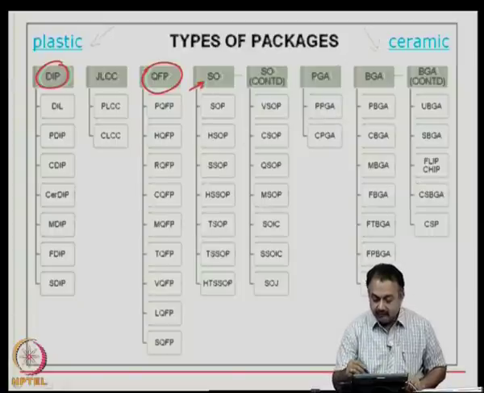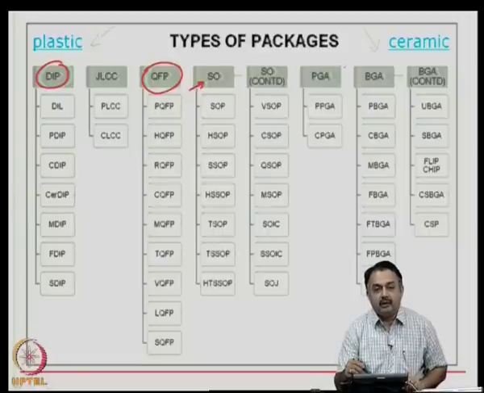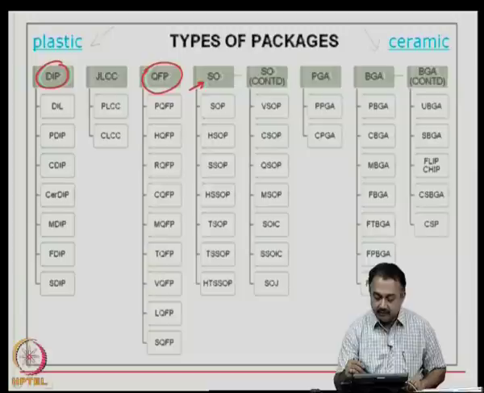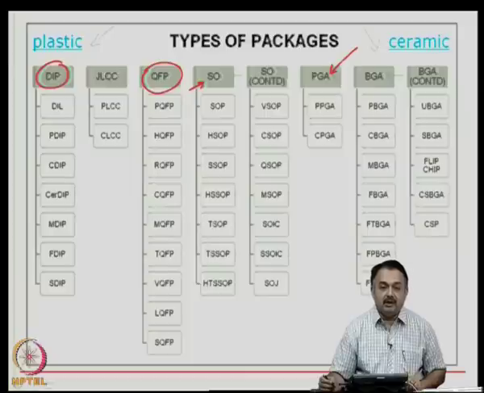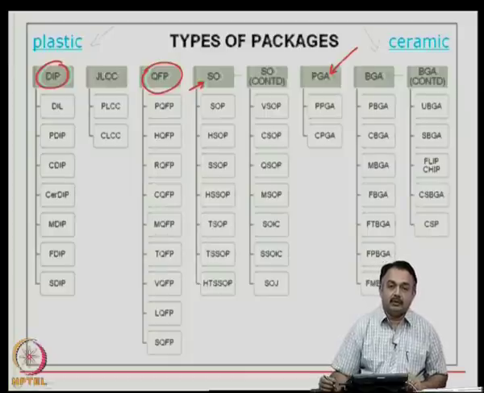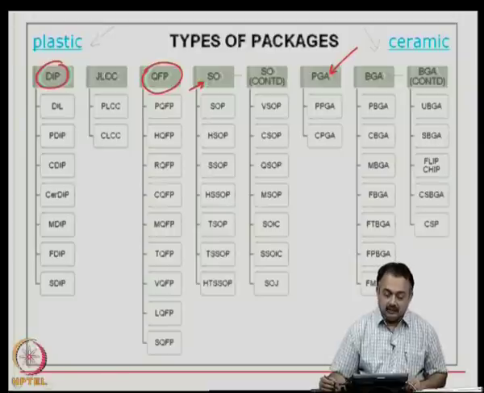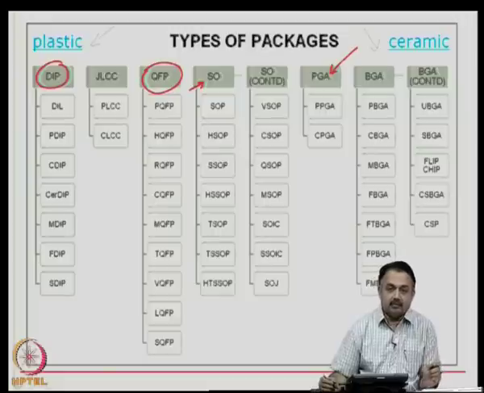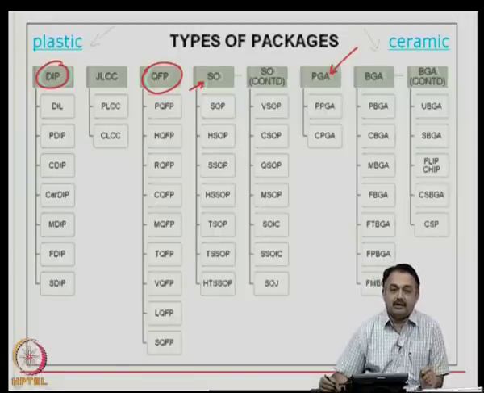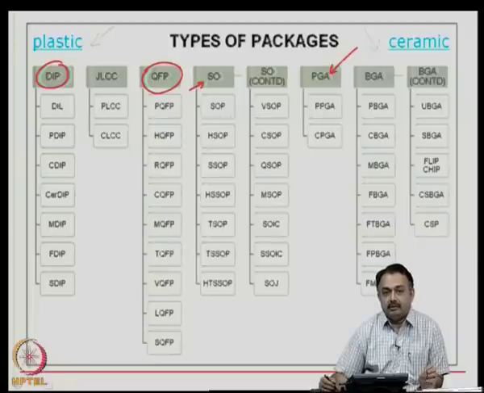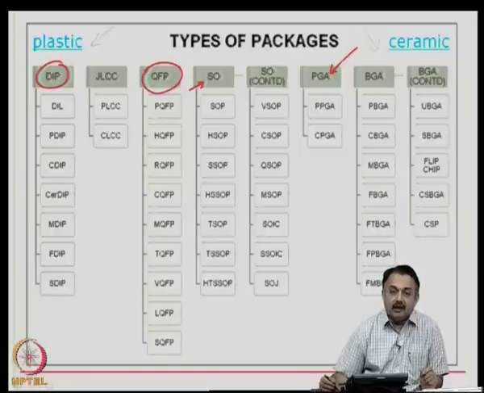Then we have, if you recollect the graph that indicated the growth of packages over the period of time during the last 40 years, pin grid array was one of the major breakthroughs for packages, especially in terms of the microprocessor industry, because Intel, AMD and other semiconductor companies which manufacture microprocessors for desktop and computing applications quickly changed over to pin grid arrays, because it afforded large number of IOs and very reliable pin connections to the motherboard.